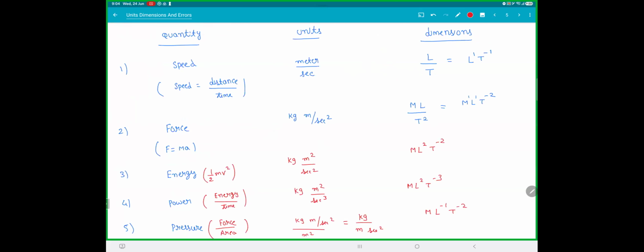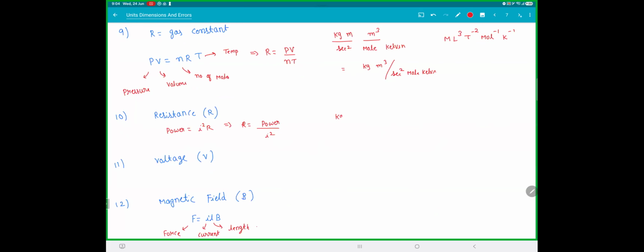Kg meter square per second cube, and current is 1 by ampere square. So this will be M power 1, L square, T minus 3, A power minus 2. Sure with this? So now you have an ampere also there. Every time it won't be MLT only. You'll get amperes, mole, Kelvin, all this stuff will come popping up.